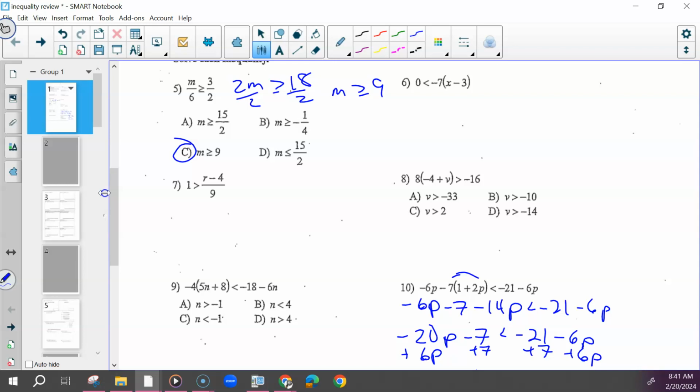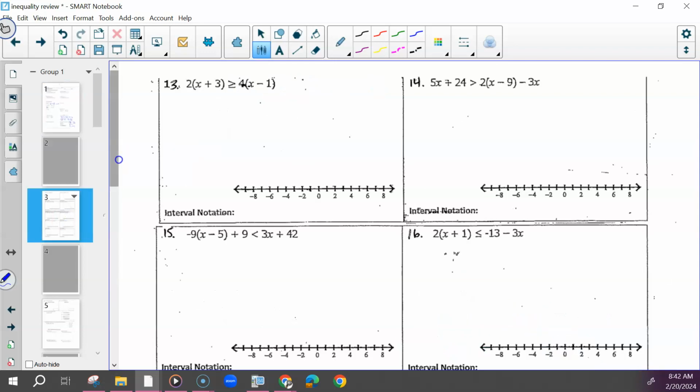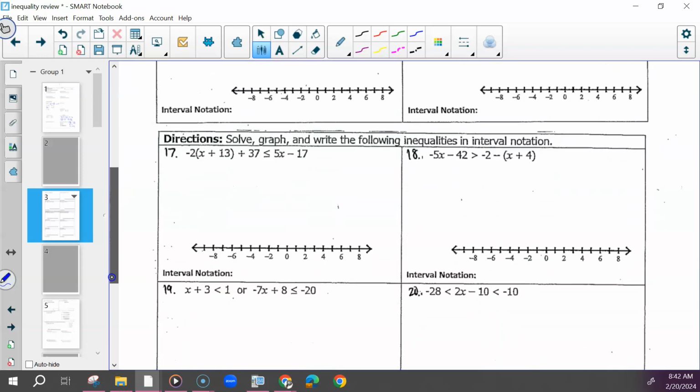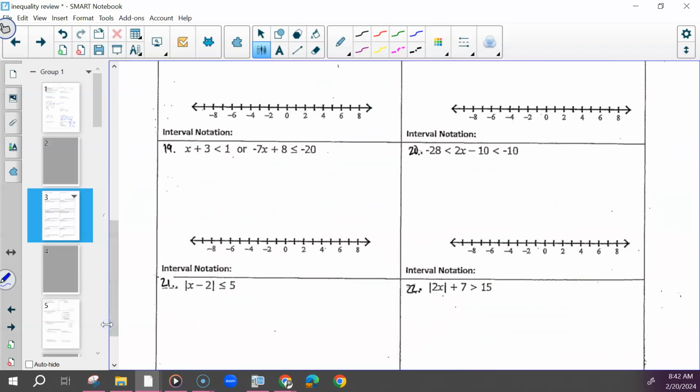Page 2. Questions on page 2. So this is one of your and inequalities.